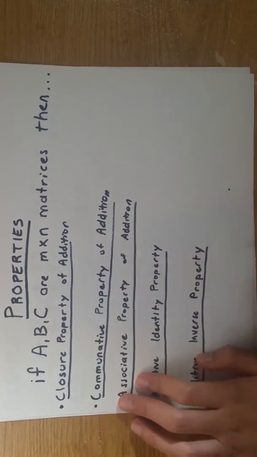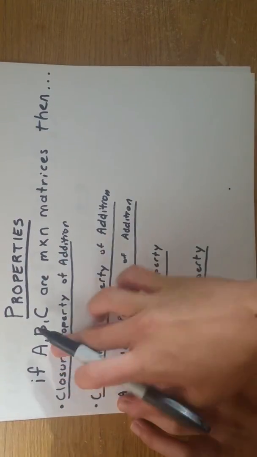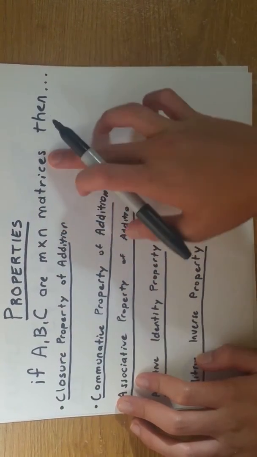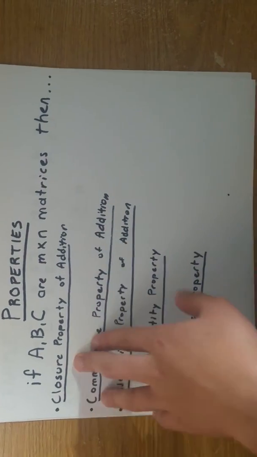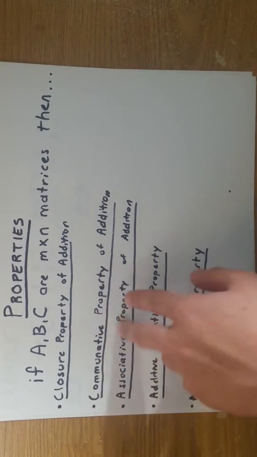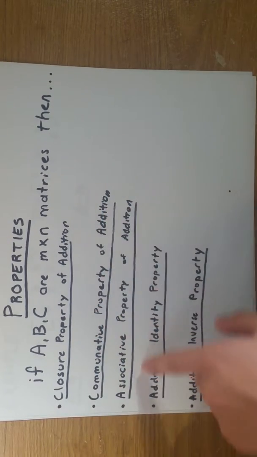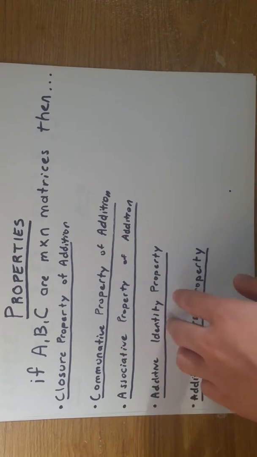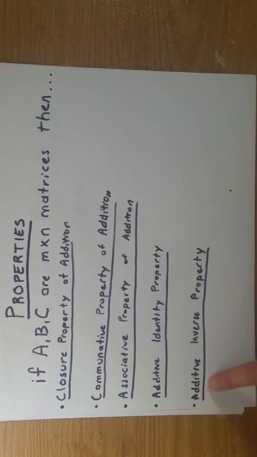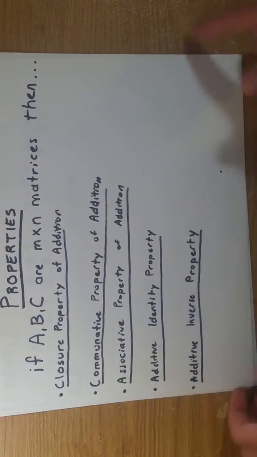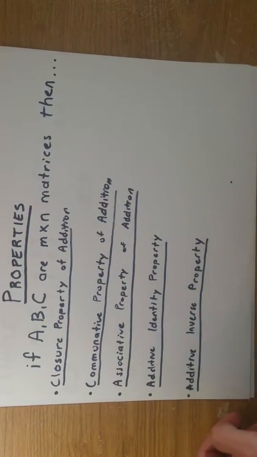First off, if A, B, and C are m times n matrices, then they have the closure property of addition, the commutative property of addition, the associative property of addition, the additive identity property, and the additive inverse property. I'll try to explain what these mean to the best of my ability.